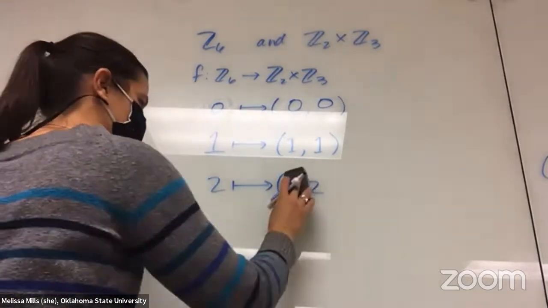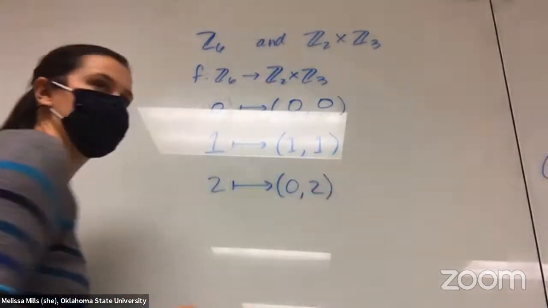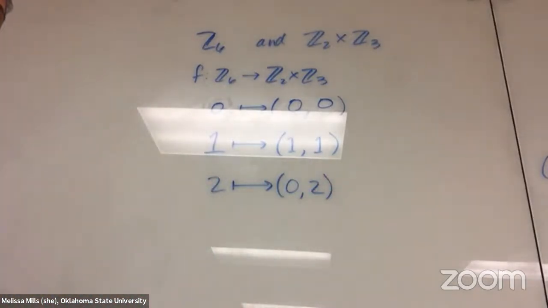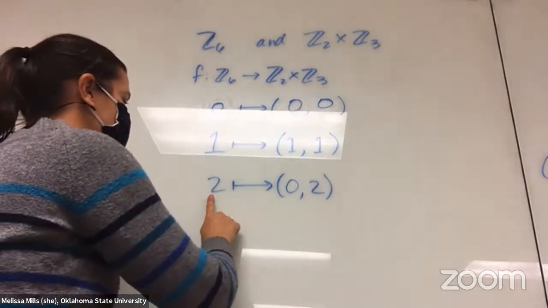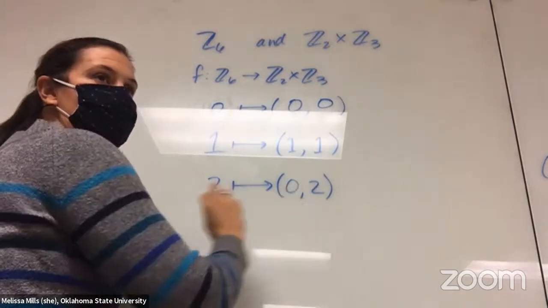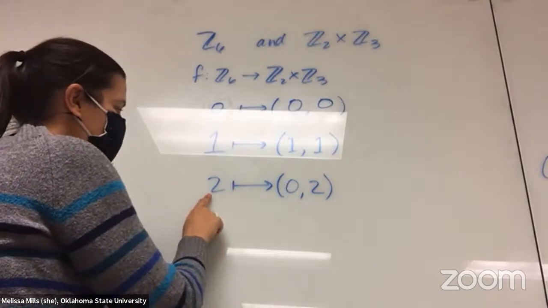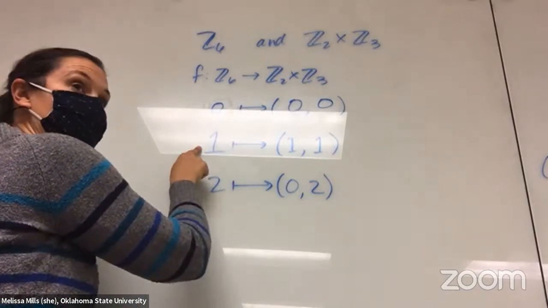(0, 2)? It'd be 0 in Z mod 2, and then 2 in Z mod 3. Okay, so you're thinking about taking this mod 2 and mod 3 as your mapping. Well, I know that this 2 over here is equal to 1 plus 1.